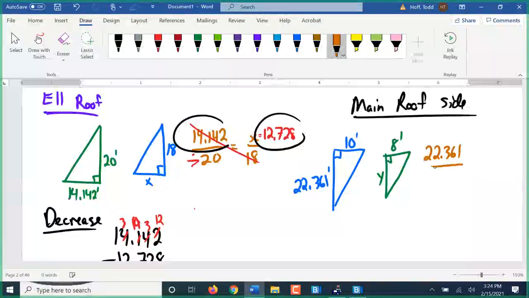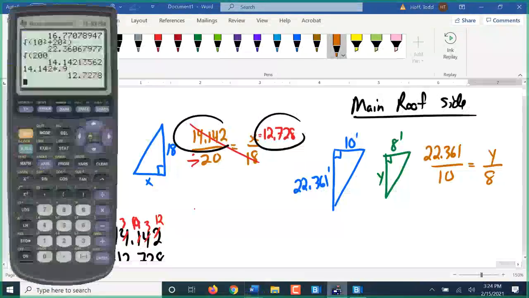Y over 8 equals 22.361 over 10. So we take our 22.361 times 8 divided by 10 gives us 17.889.